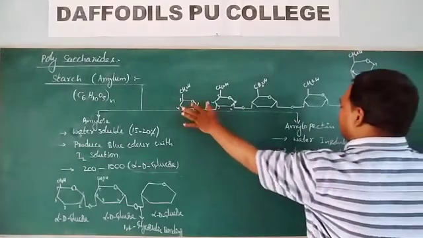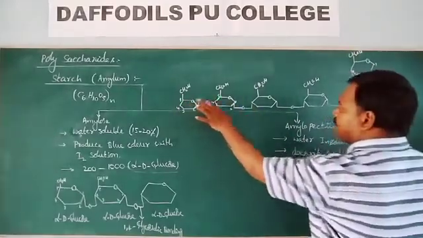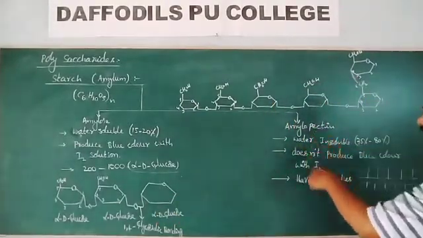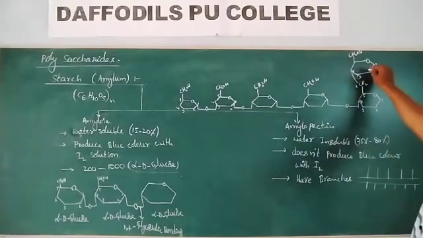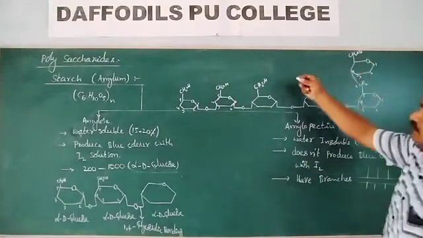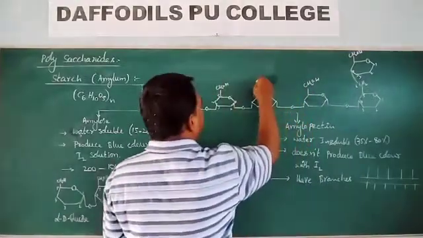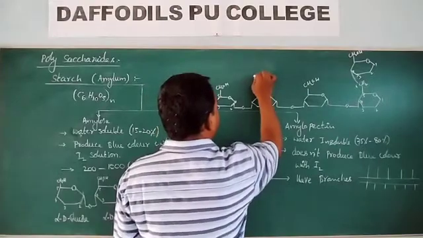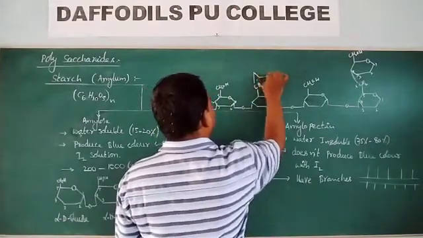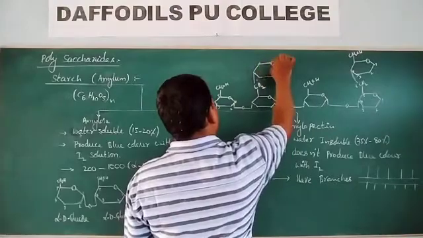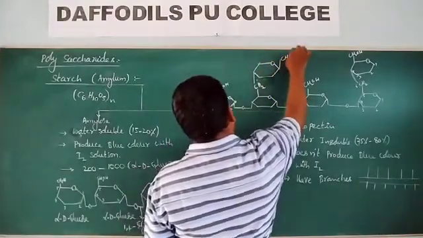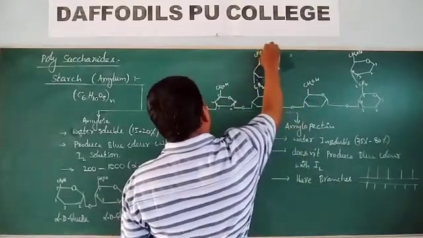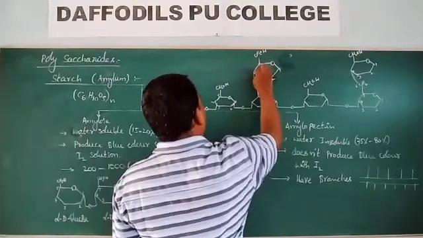Amylopectin contains two parts. One is a straight chain like amylose. Amylopectin also contains some branch chains, like this. Here also one branch chain is present. Look at where these branch chains are forming.